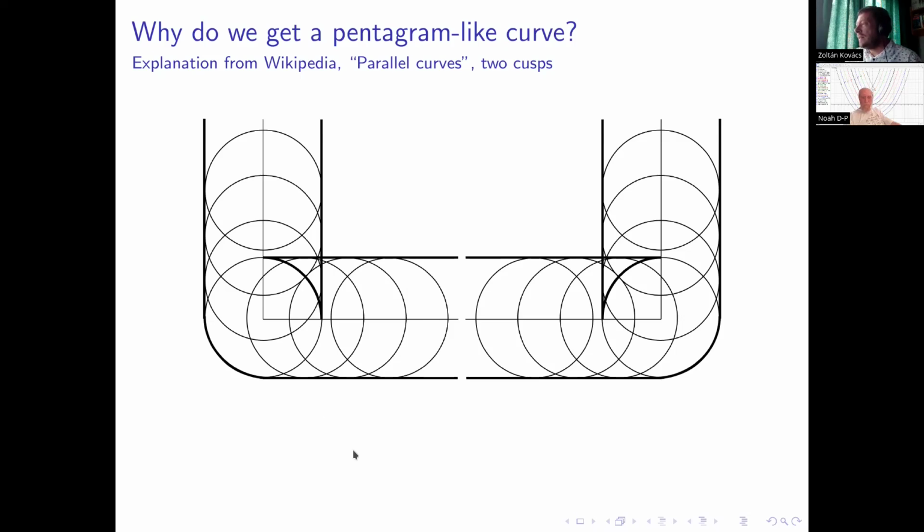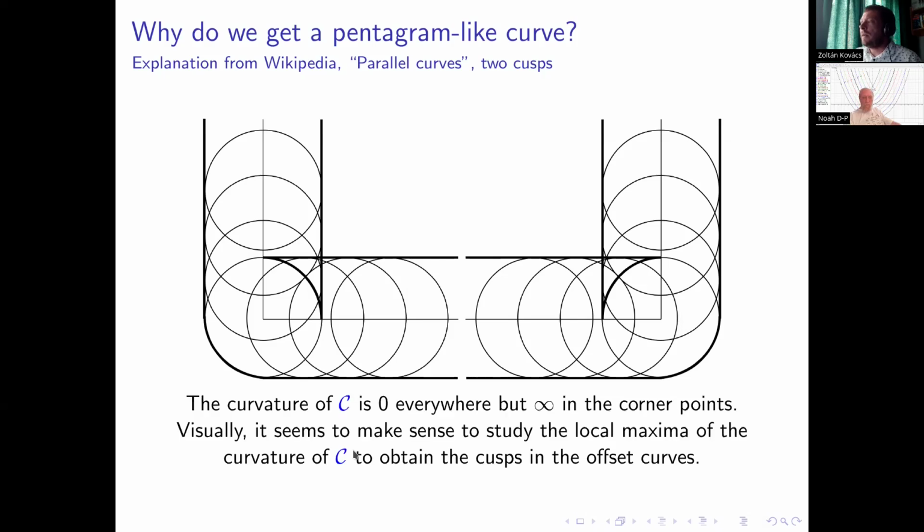In this sense, we can argue that here there should be a cusp in the offset curve, and here again there should be something unusual because the curvature jumps from 0 to infinity, and here it jumps from infinity back to 0, then it is 0 again, and here it jumps to infinity and then jumps back to 0.